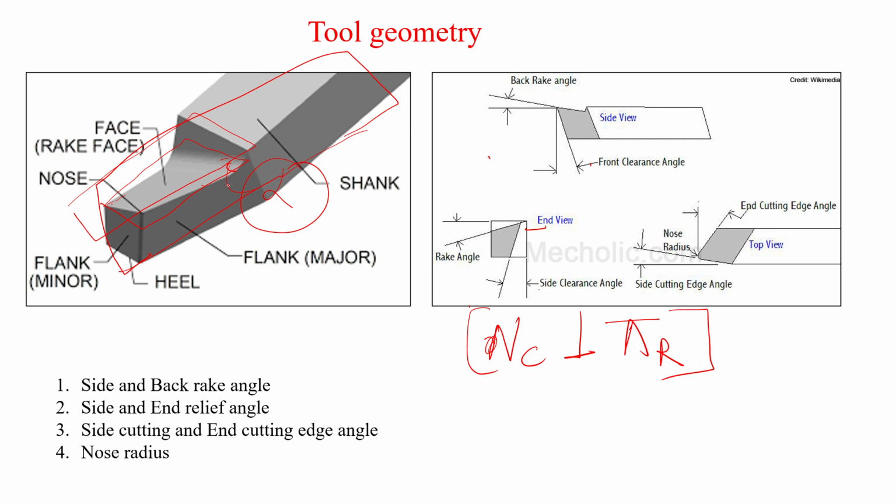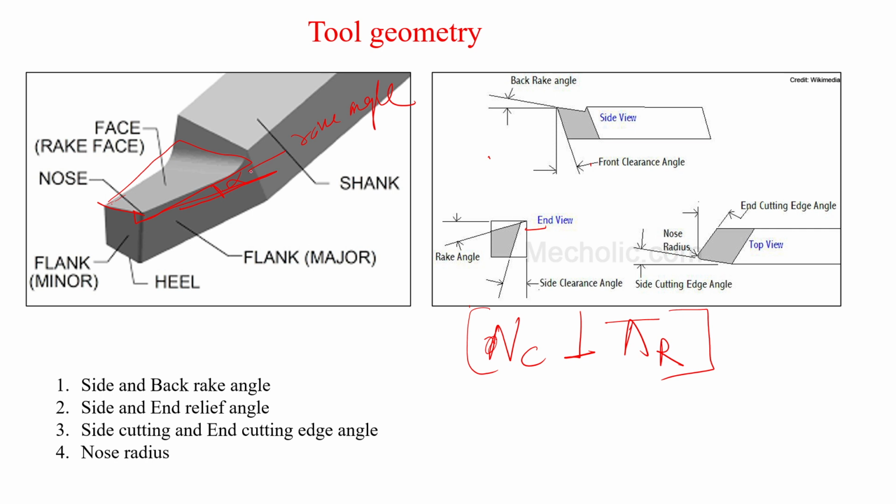See, when you are seeing this rake angle from the side view, I'm just showing you properly. This is the rake plane, and this horizontal is the reference plane. So this angle is called alpha, the rake angle.